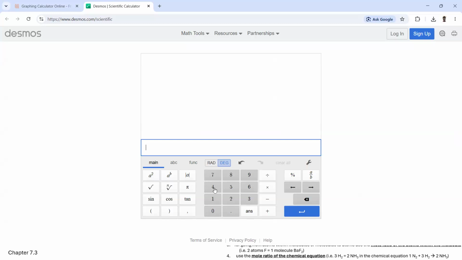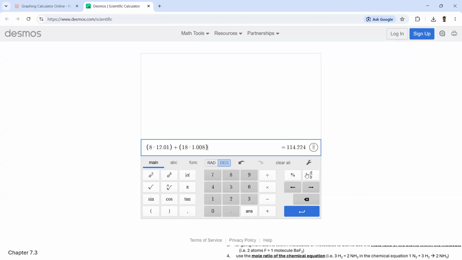I believe it was 8, because octane, oct, times 12.01 grams per mole, close parentheses, plus, open parentheses, 18 times 1.008 grams per mole, close parentheses.